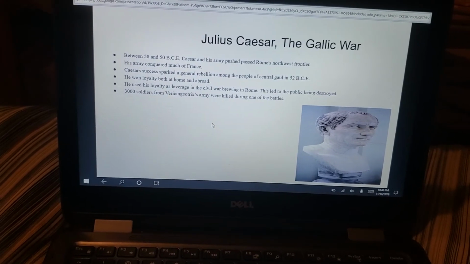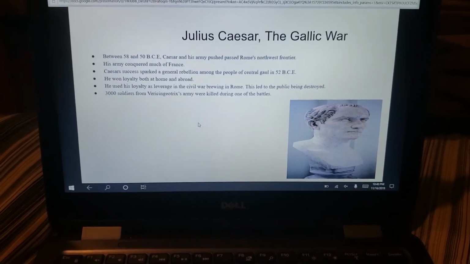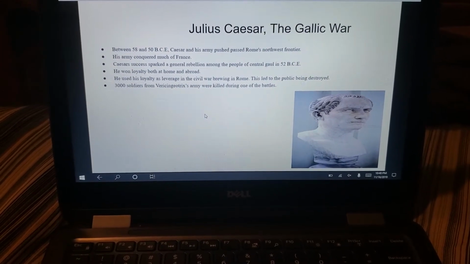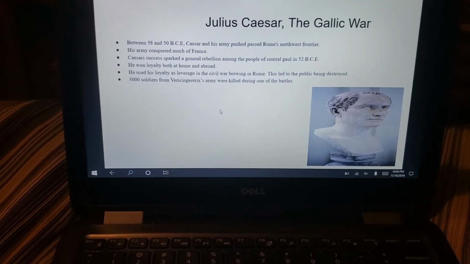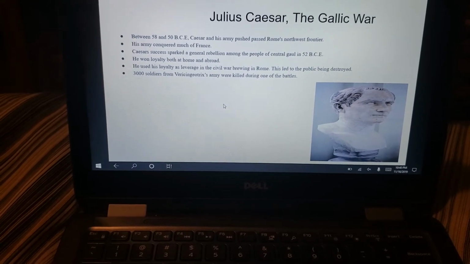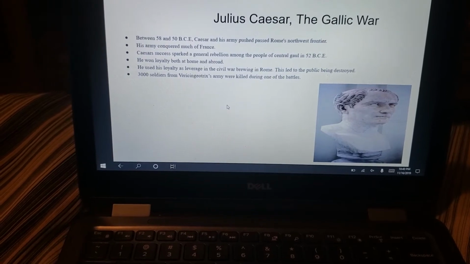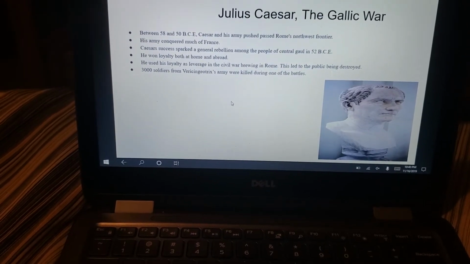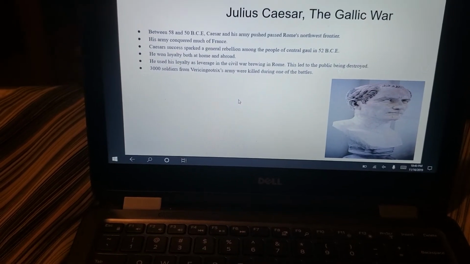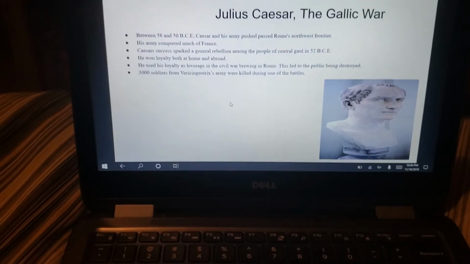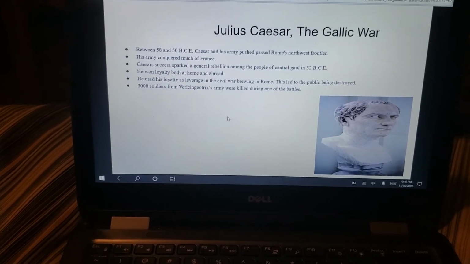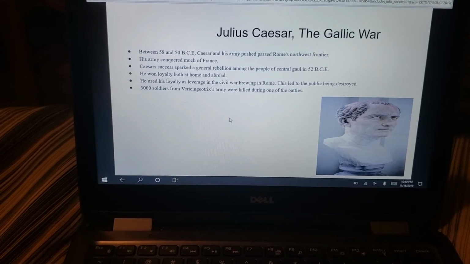Julius Caesar was a very well respected man. He used his loyalty as leverage in the Civil War. It was brewing in Rome, and this led to the republic being destroyed. This wasn't too good, but he won loyalty both at home and abroad. He was the type of man to inspire his men in every battle that he could, and he would even join in some of the battles.